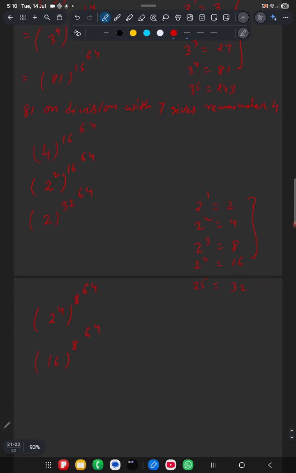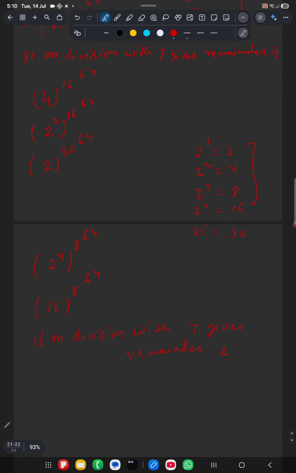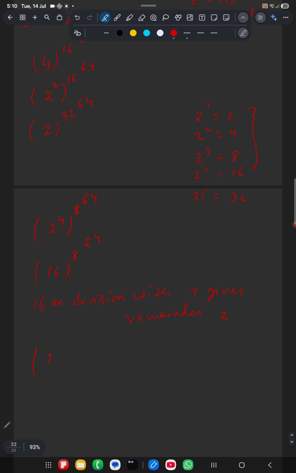Now 16 on division with 7 gives remainder 2. So what you will get is 2 raised to the power 8 power 64.